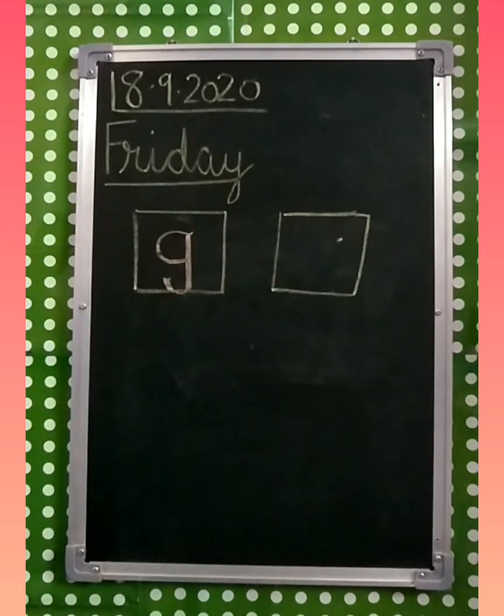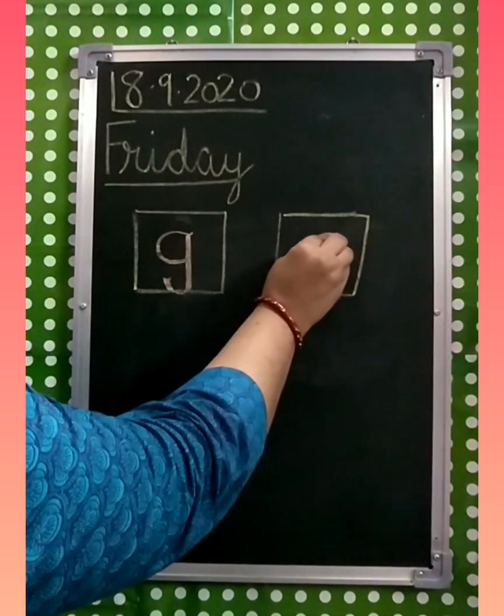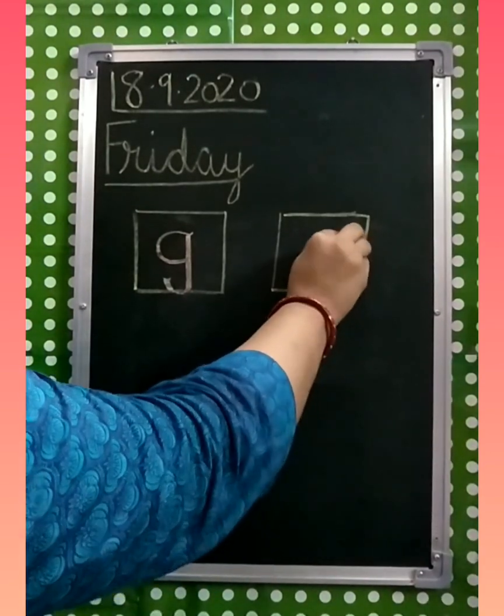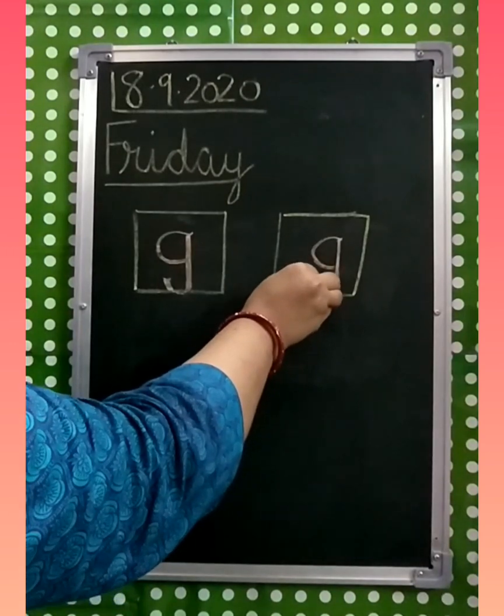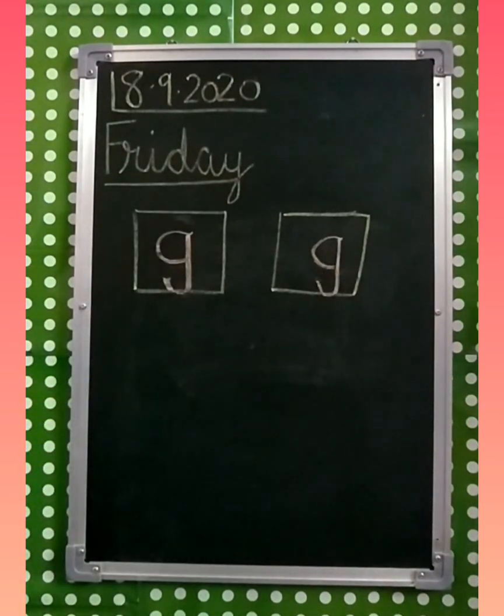Is it clear? Let's see again. Small c from the dot. Then from the dot make one standing line, come down, touch the bottom line and turn. Okay, let's see again.